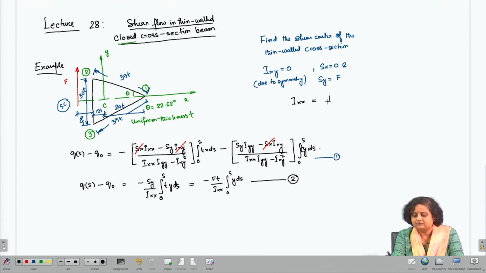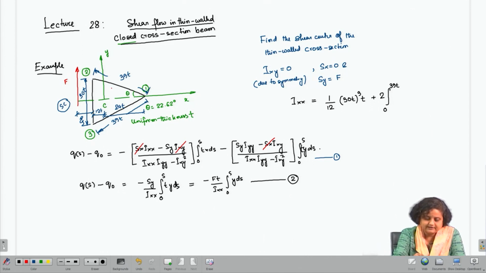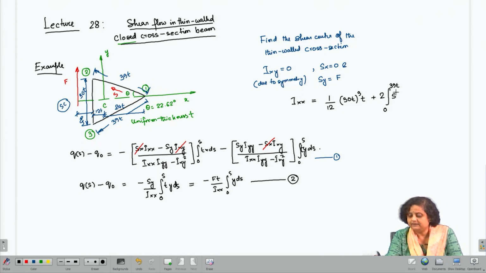So, I x x is going to be 1 by 12 into 30 t whole cube into t, plus, because of the 2 inclined portions, we have 2 into the integral from 0 to 39 t, and let us call this the s direction. So, we can say 2 times y square dA, where y is s sin theta, and dA is going to be ds into t.